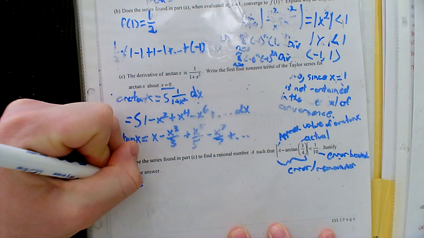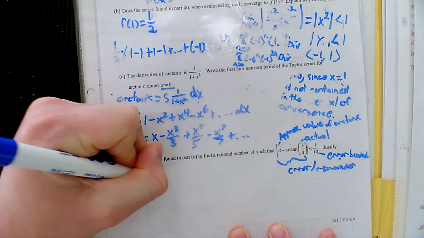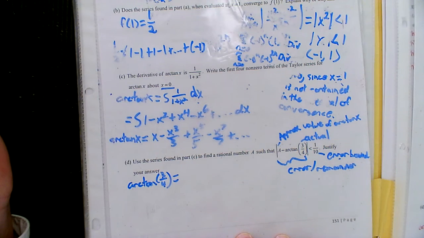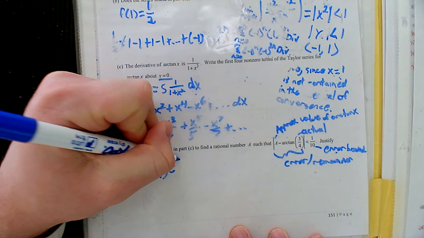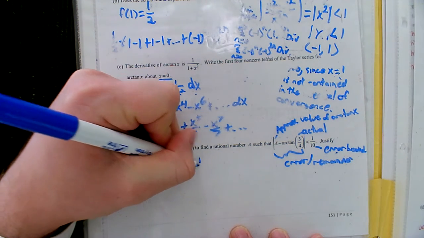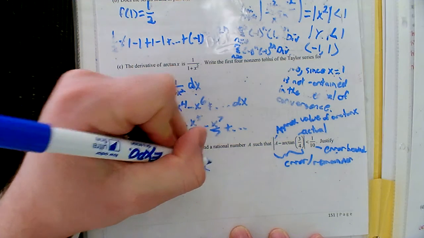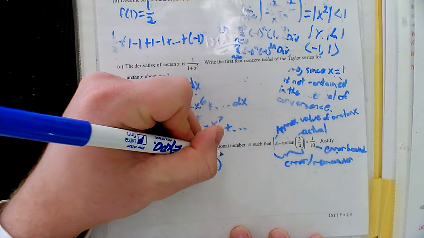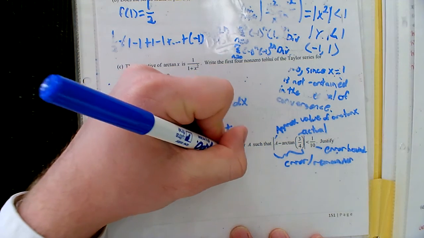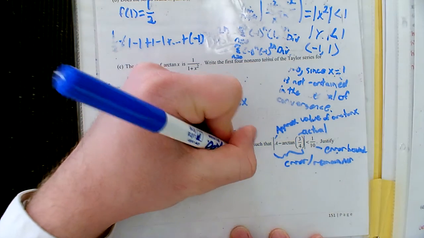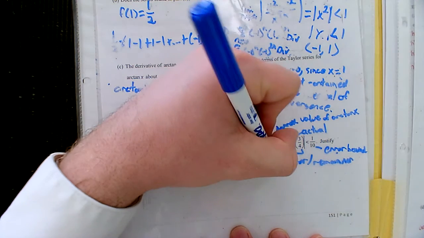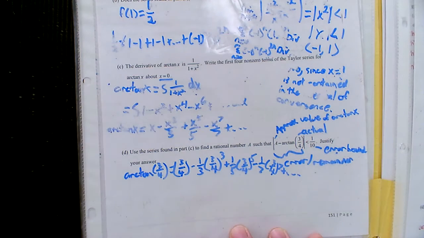So arctan of 3/4 is going to be equal to, well, the first term would be 3/4 minus, let's bring the 1/3 out in front, so 1/3 times 3/4 cubed, plus 1/5 times 3/4 to the 5th, and we're going to go one more term, minus 1/7 times 3/4 to the 7th, dot, dot, dot.